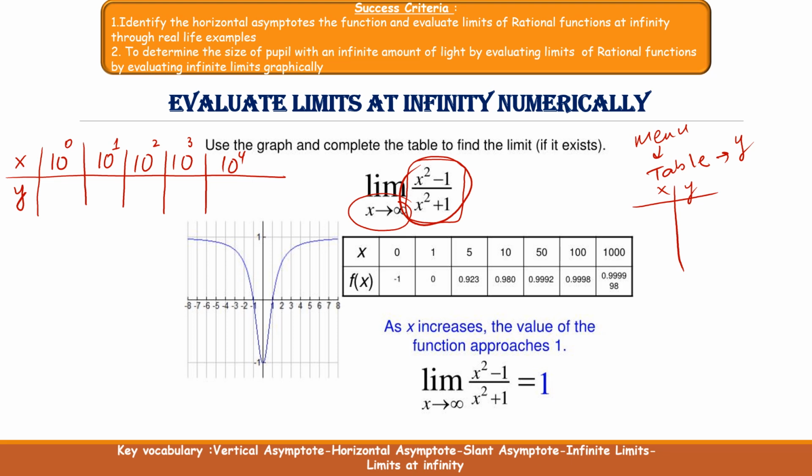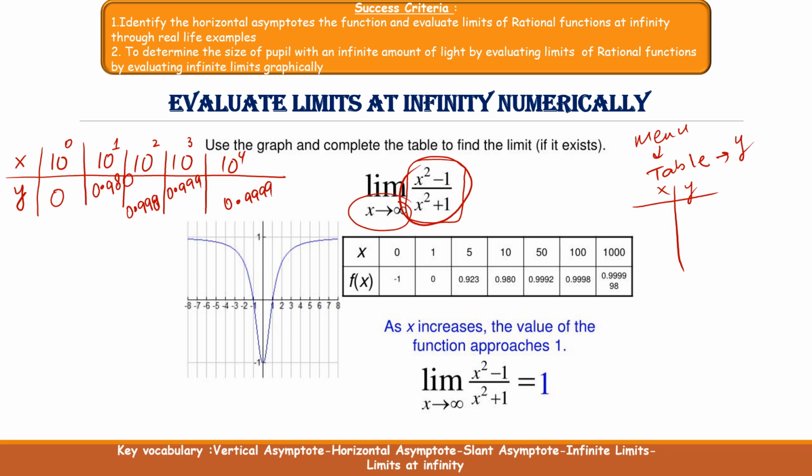When you write 10 to the power 0, your answer will be 0. 10 to the power 1, you will see that your answer will be 0.980. At least write 3 digits after the decimal. When the power is 10 to the power of 2, you will get 0.9998. When it is 10 to the power of 3, you will get 0.999. On 10 to the power of 4, it will be 0.9999.